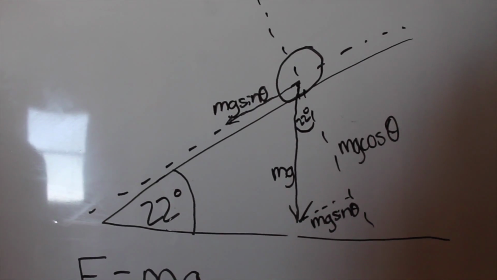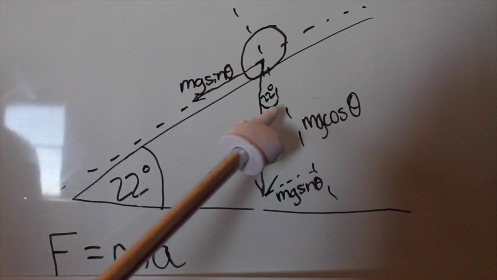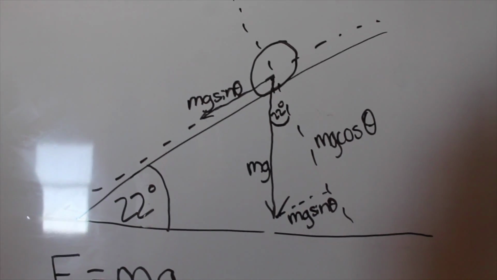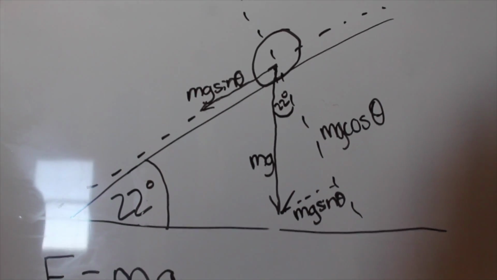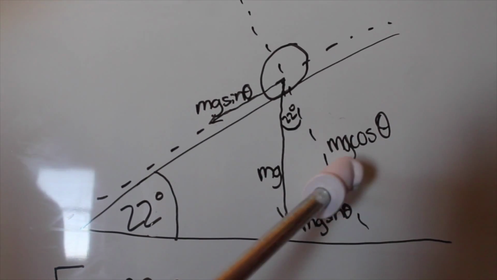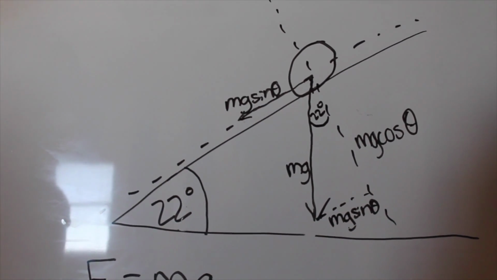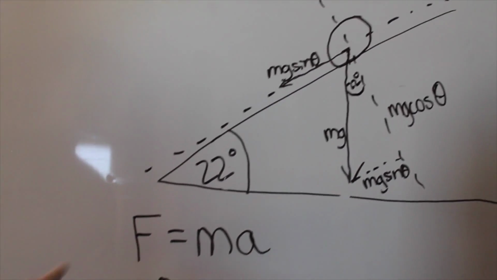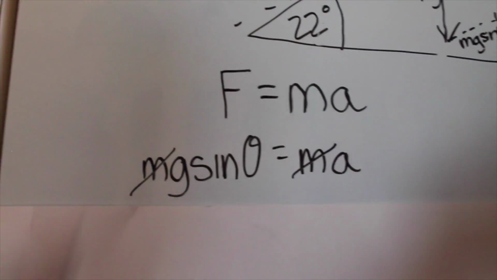So with that information, we're able to place the 22-degree angle here as well, using basic knowledge of inclined planes. And once we complete our triangle with mg cosine theta and mg sine theta, we're able to jump straight into the problem. So we're trying to find the acceleration of the car down the hill.